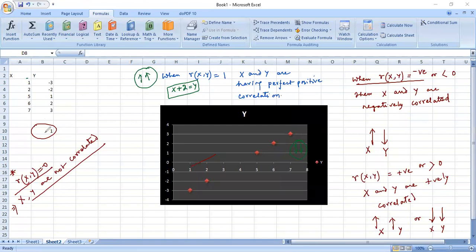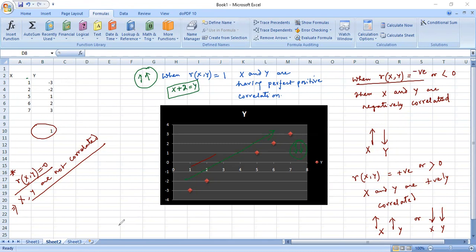So therefore the correlation coefficient came out to be 1. So the tendency of the curve is like this. This is the tendency of the curve. The linear nature of the two variables is similar in this particular case, and therefore the correlation coefficient is coming out to be 1.